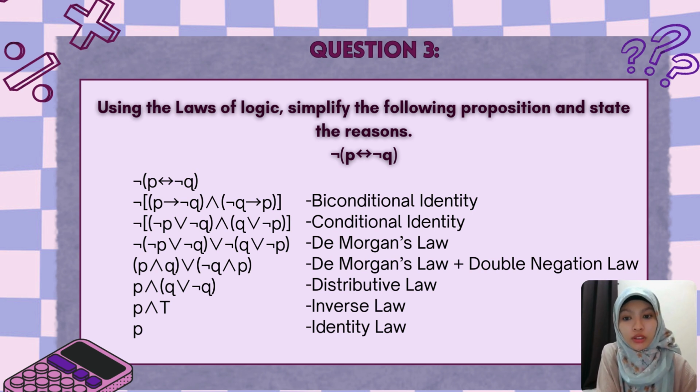For distributive law, we need to expand based on their variables. Inverse law is when the same variable meets its negation, you will get the truth value. And lastly, identity law: if a variable like P and true, you will get the variable only. So the answer for this question is P, and the reason is identity law.